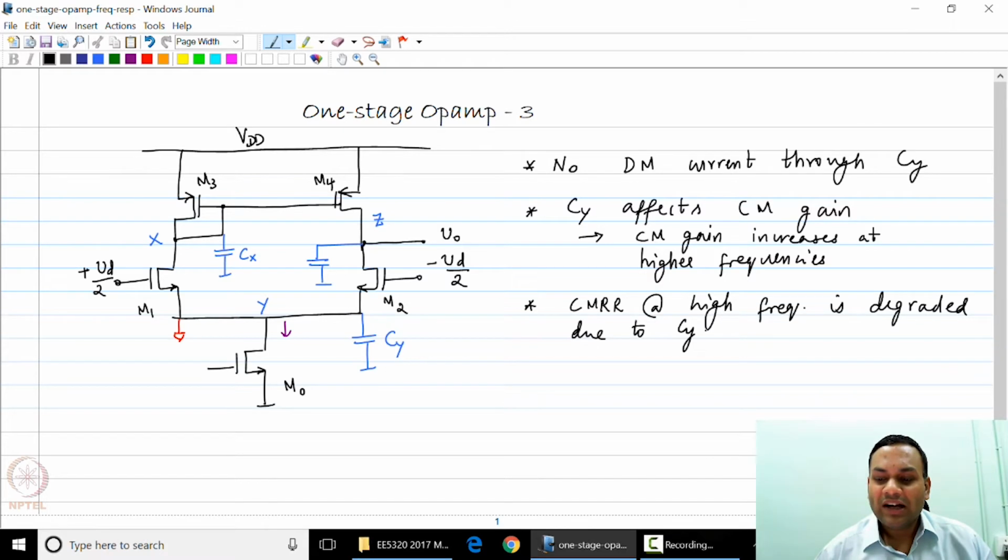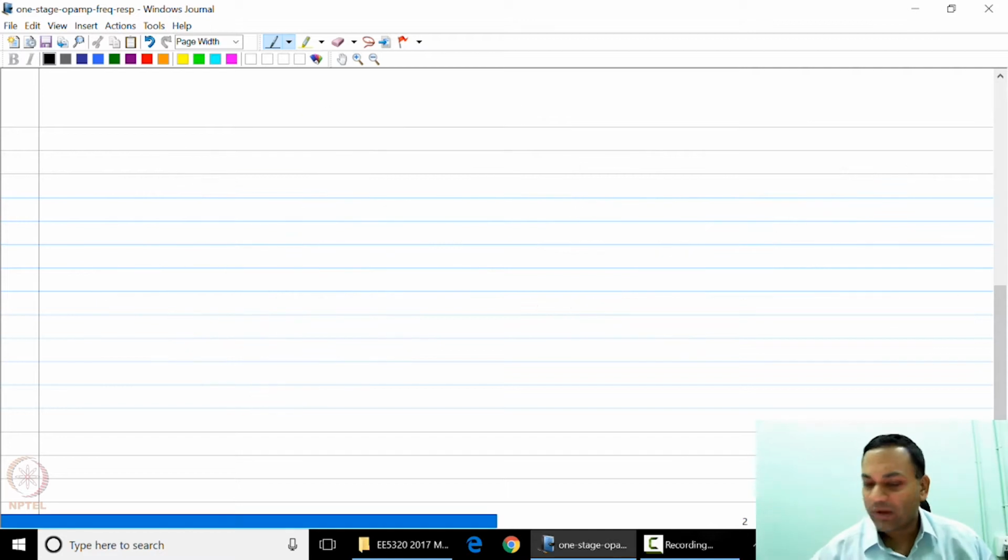Now, with that understanding, we will move on to the differential mode picture of the circuit. We will now see the effects of Cx and Cz on the small signal differential mode analysis. So, let us quickly draw the small signal picture.